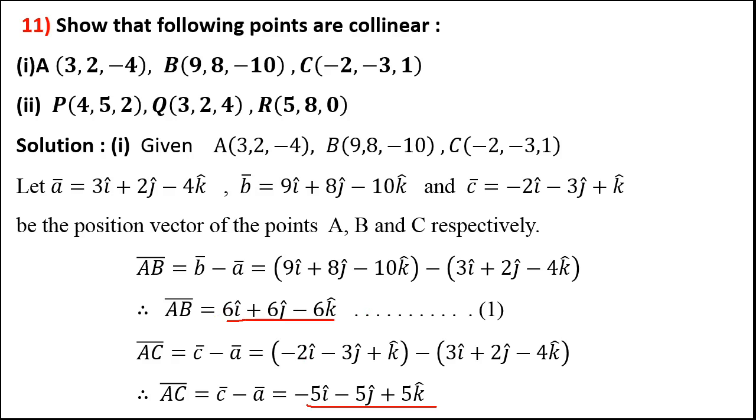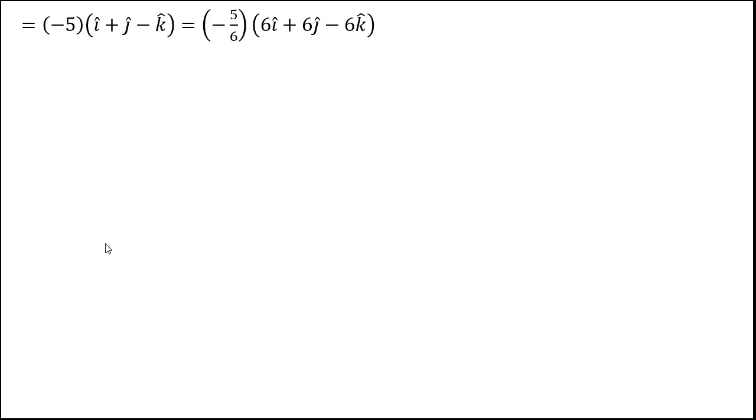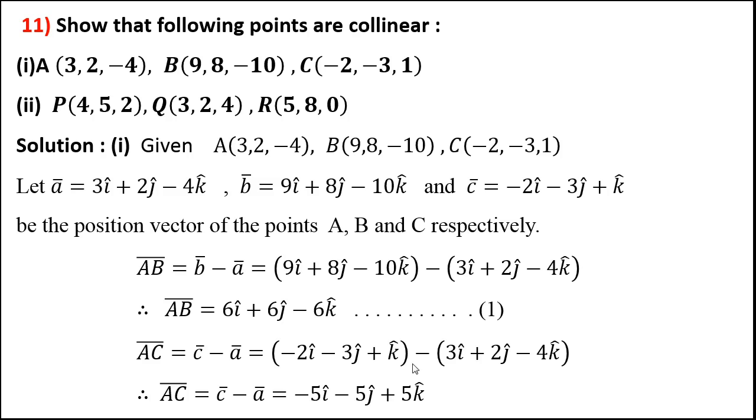Now just look at this AB bar and AC bar. Just observe them. Now, after observing AB bar and AC bar, we see that in AC bar, I will take minus 5 common.